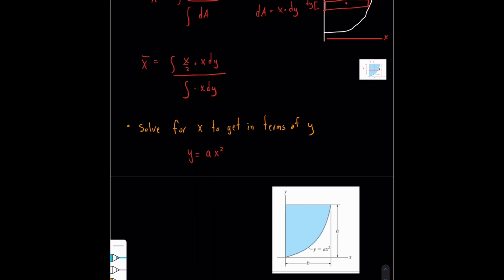Okay, notice how our x could be called b, and our y could be called h. So x equals b, and y equals h. I'm going to substitute them into this equation to solve for a. So I'm going to be left with h equals a b squared. Solving, you're going to get h over b squared is equal to a.